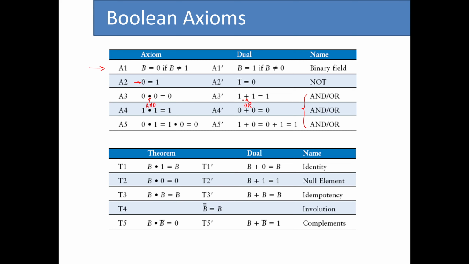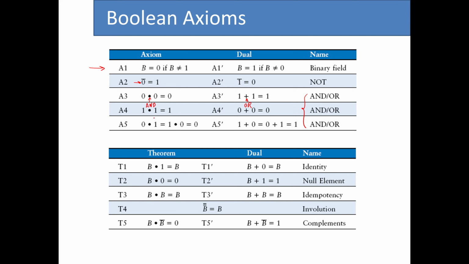If it was 1 plus 1, the answer would be 2, or in binary form, 1 plus 1 equals 1 0. So this is OR. And as you can see, based on what I said, to go from the axiom itself to its dual, we interchange all the zeros with ones, and we interchange the AND with OR.